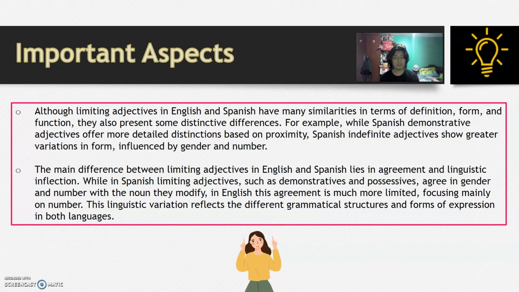The linguistic variation reflects the different grammatical structures and forms of expression in both languages. Okay? This is very important information about the explanation of this topic.